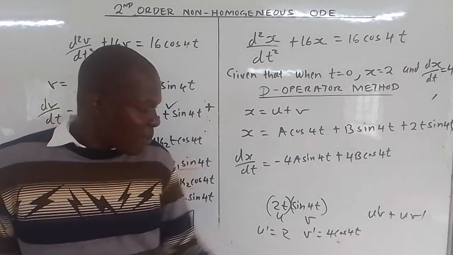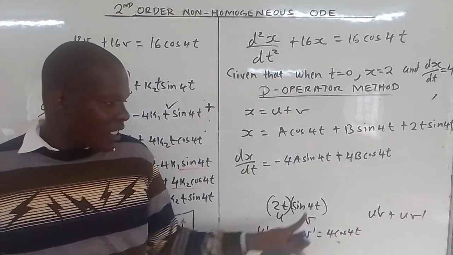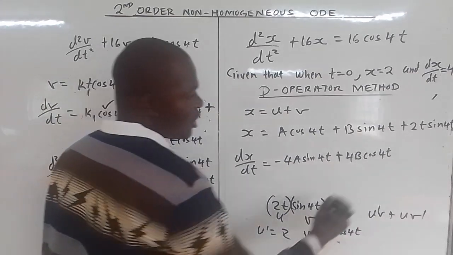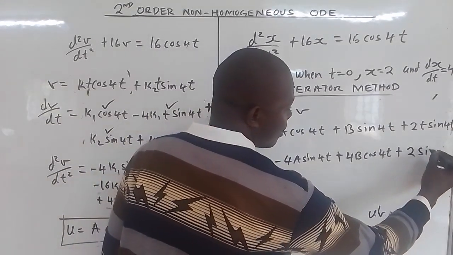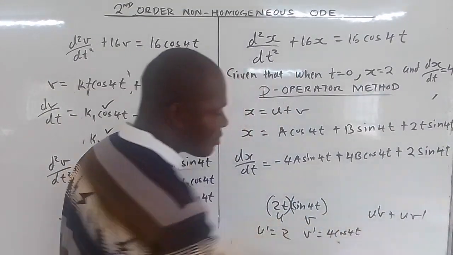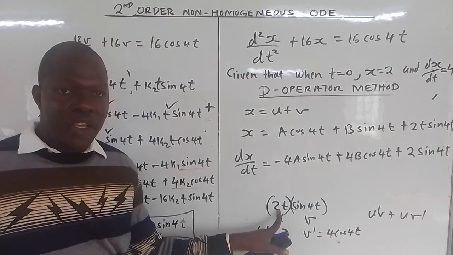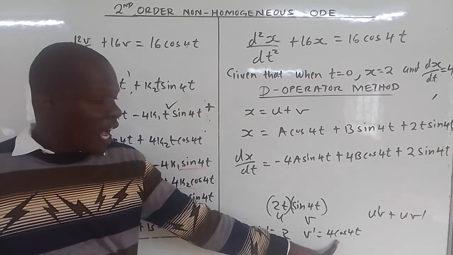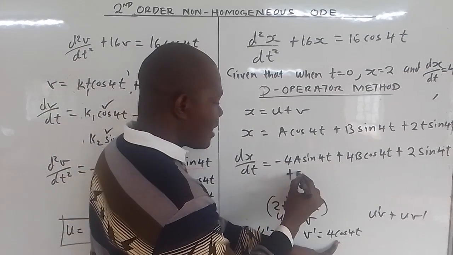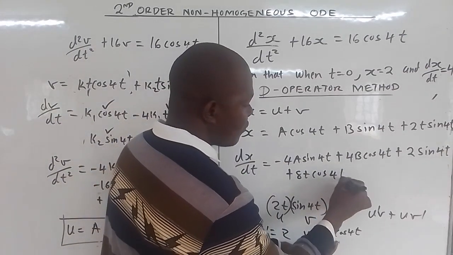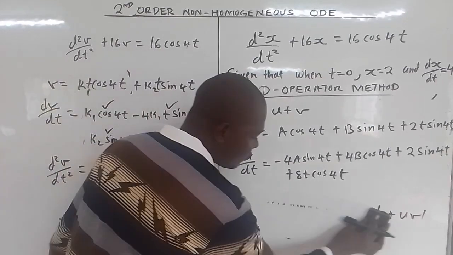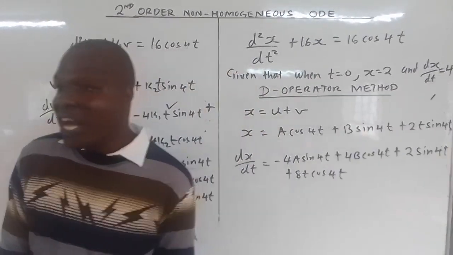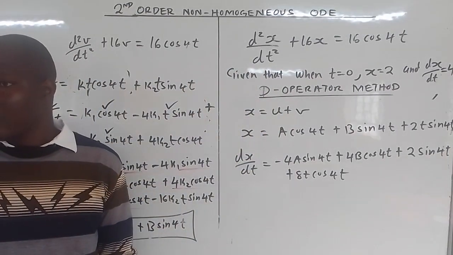So u prime times v, that is 2 times sine 4t, meaning you are going to have plus 2 sine 4t. Then u times v prime, u was 2t, isn't it? 2t times 4 cos 4t you get plus 8t cos 4t. Have you seen the way we are using product rule? Very simple. Are we together?